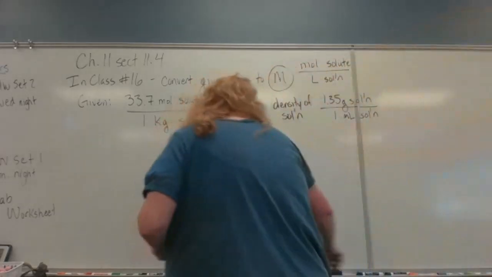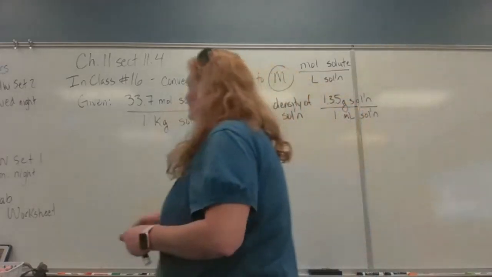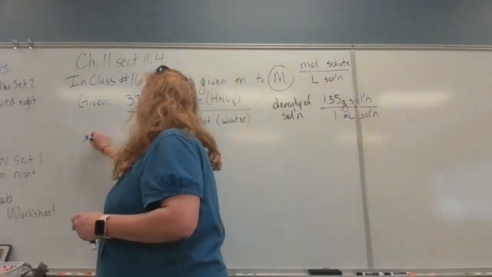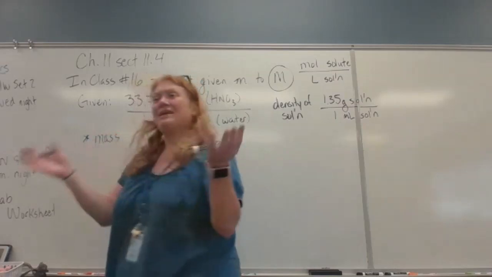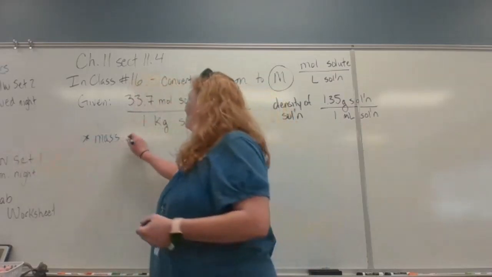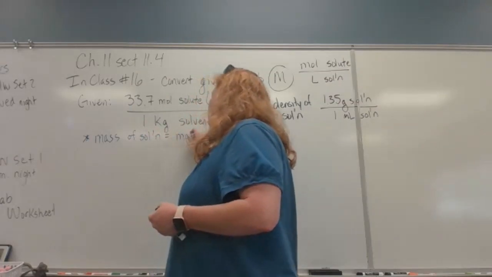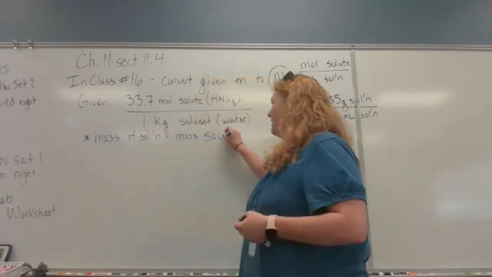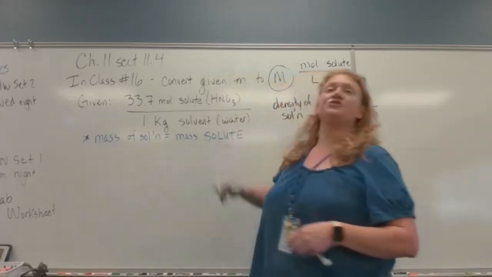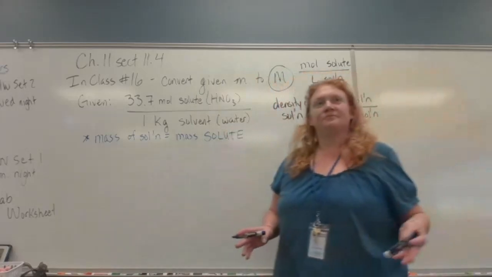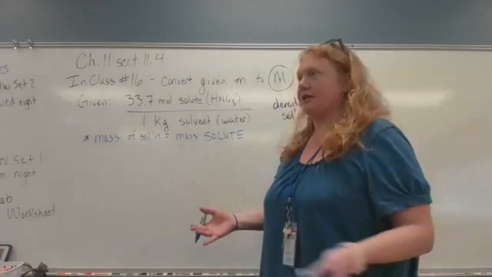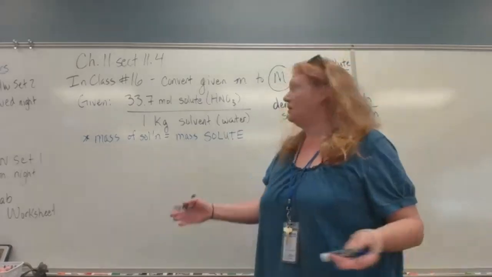But what is a solution? What is the mass of solution? The two added together. You take the mass of the solute, unless you're told differently. But we're not told anything differently here, so this is what we have to go by.